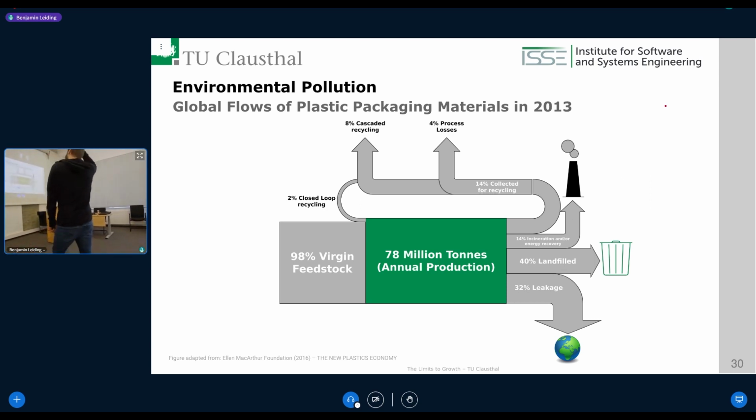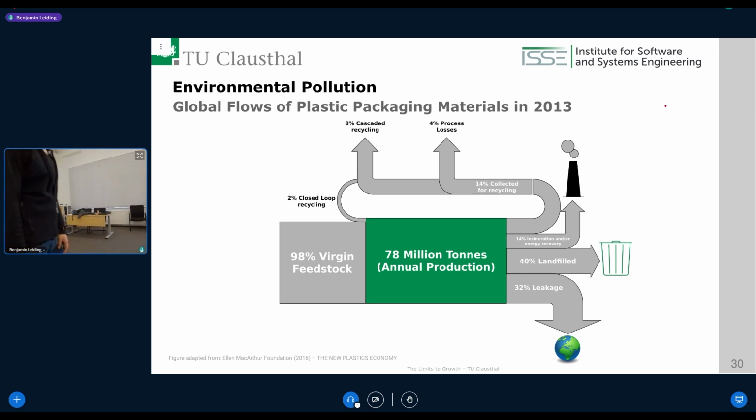For Laura, I'm a computer scientist. I would like to defer that question to someone who might have a medical background. I do not feel comfortable making any statements about the harmfulness of plastic, microplastic for the human body, because that's not my field of expertise.